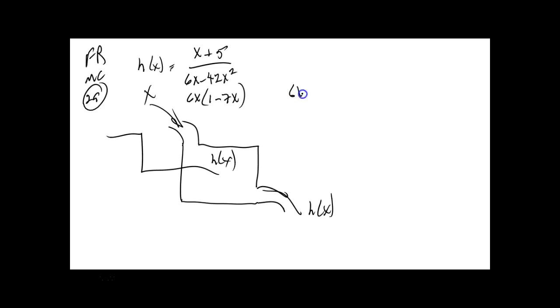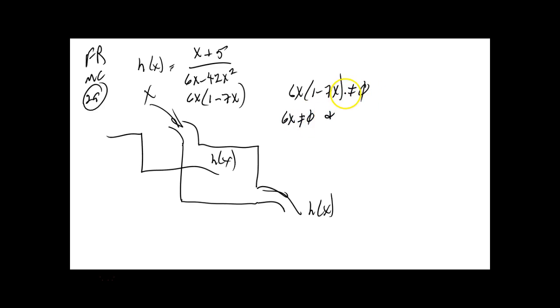We have 6x times (1 minus 7x) cannot equal 0, right? Because you can't divide by 0. So, guess what that means? Either 6x cannot equal 0. It's not just either, both.